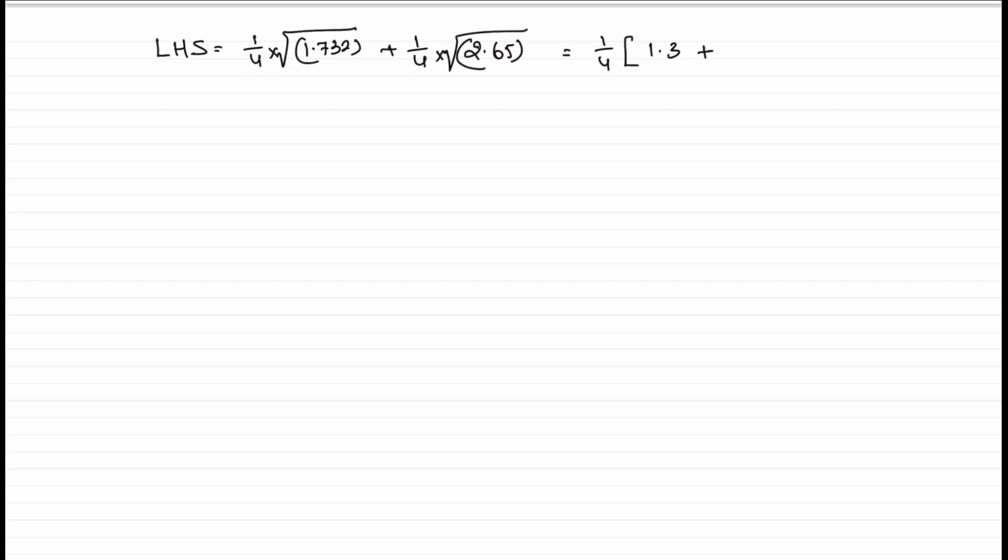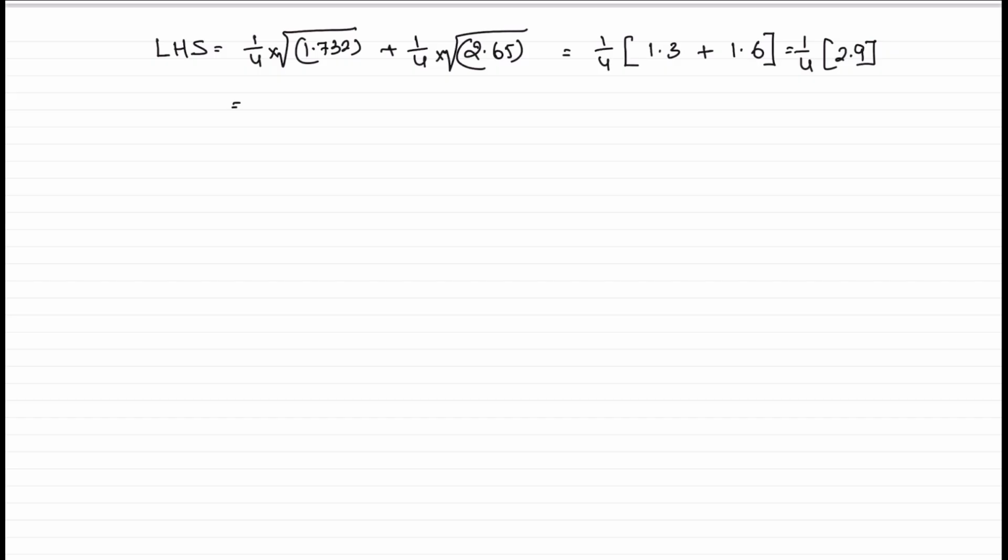That means it lies between 1.414 and 1.732. Can we take it as approximately 1.6, roughly? Now, this will be 1 by 4 into 2.9.